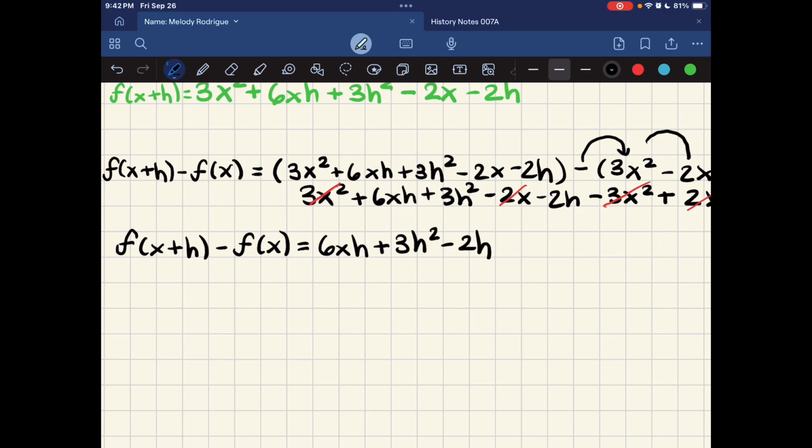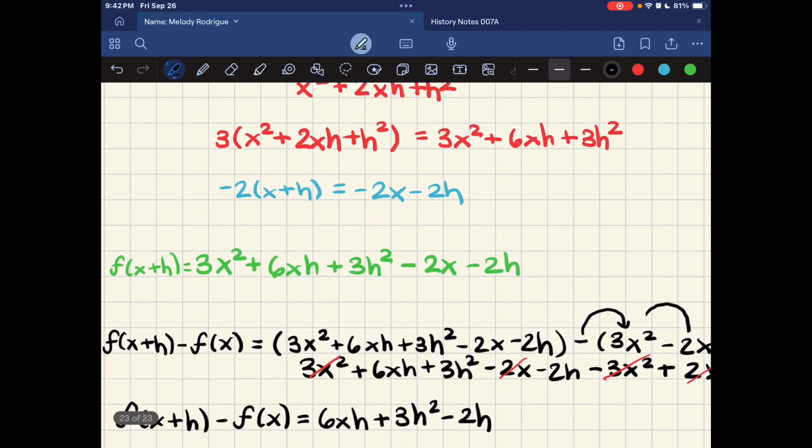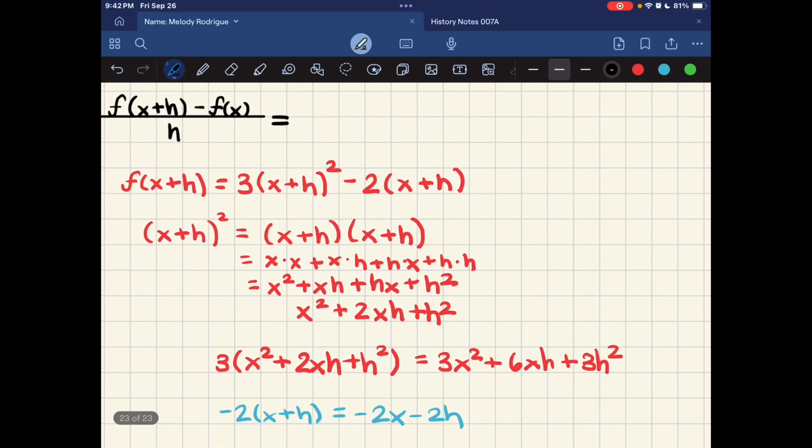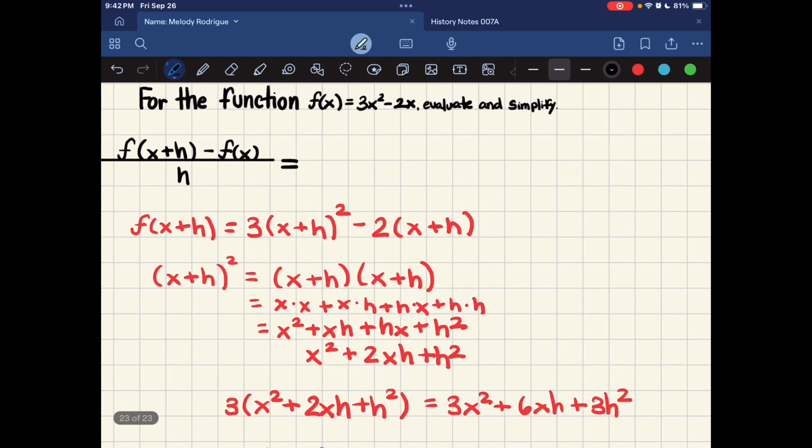And okay, now as you can tell, we need to divide this by h, because at the top, the original, right here, it's over h.